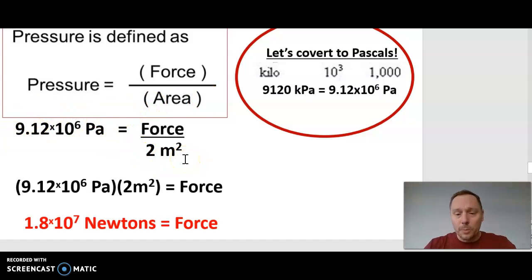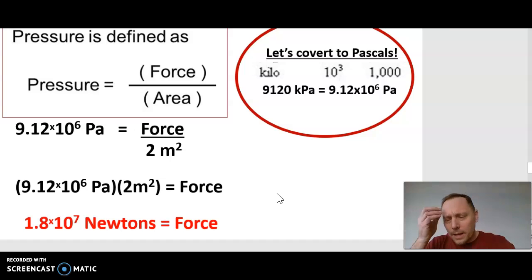Now using algebra, we're going to move that denominator over to the other side of the equation. And finally, we will multiply 9.12 times 10 to the 6 pascals by 2 square meters, which gives us our answer, 1.8 times 10 to the 7 newtons.